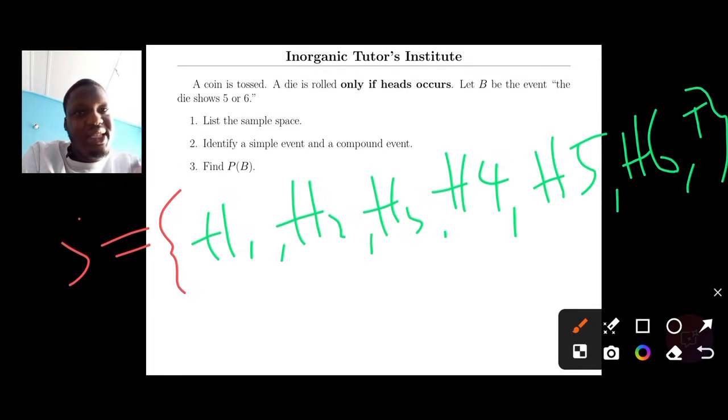All these now you see, they are possible. H1 is possible, H2 is possible, H5 is possible, T is possible. Just that T1 is not possible. Once you get a tail, you can't get a 1, because you are not allowed to roll the die at all if you get a tail, but it doesn't mean that you can't get a tail. You can get a tail.